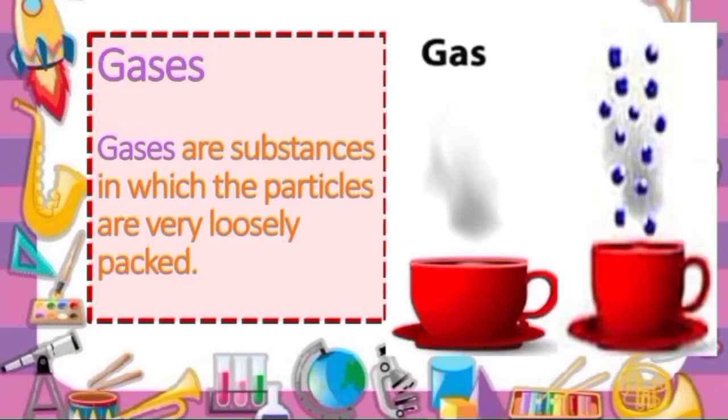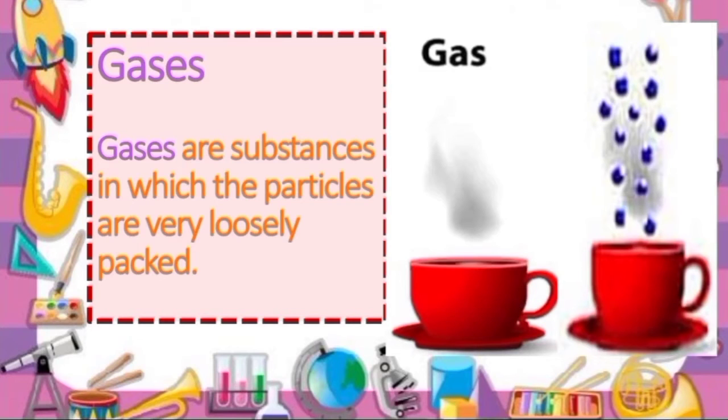Gases are substances in which the particles are very loosely packed. They too have no fixed shape. Unlike liquids, they occupy all the available space in the container. Air and cooking gas are examples of gases.